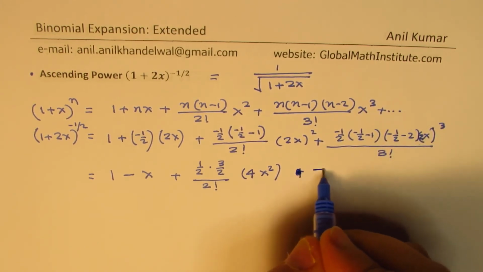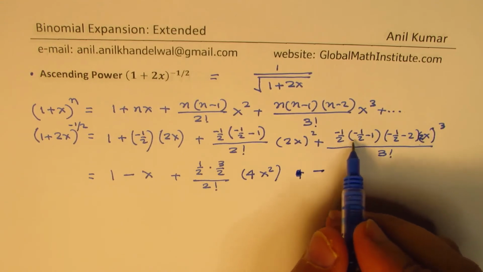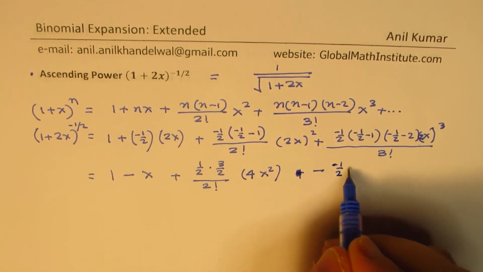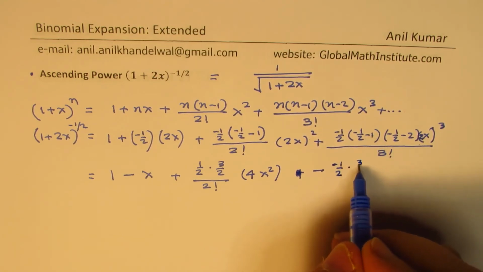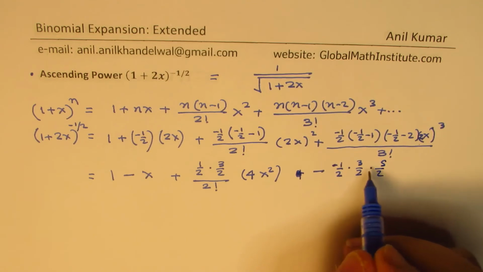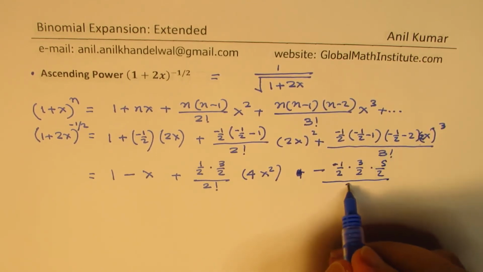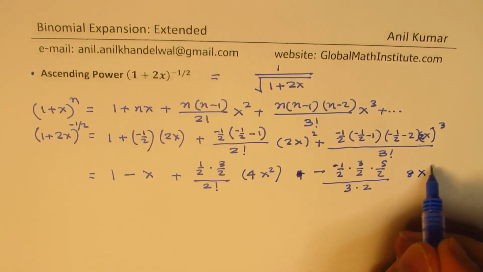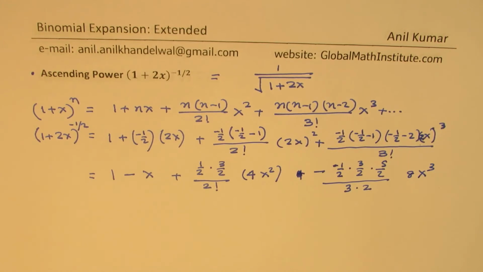So this sign will be negative. This times 3 by 2 times 5 by 2, correct? With a negative sign. Everything over 3 times 2. And we have 2 to the power of 3, which is 8x cubed. Right.